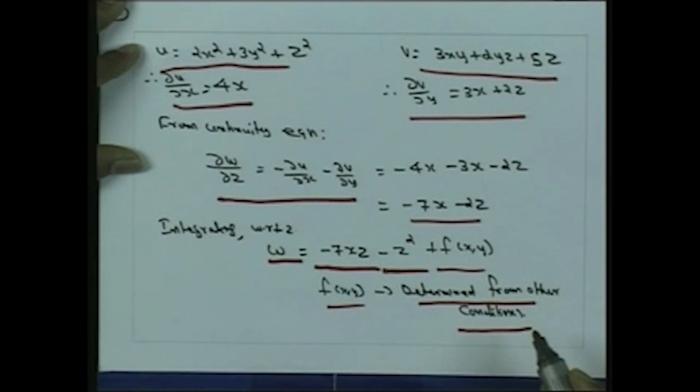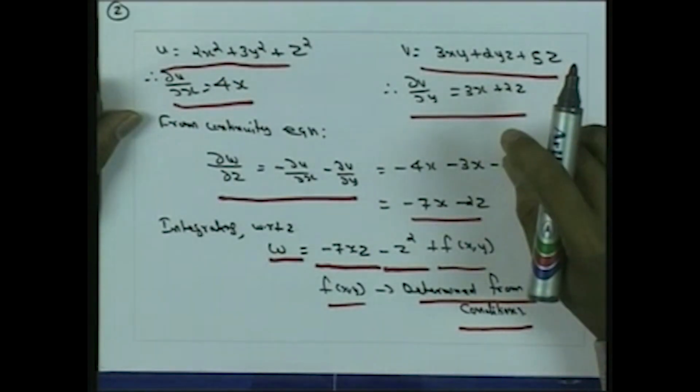So the continuity equation in differential form is used to determine one component, the z component of the velocity, if the velocity components in the x and y directions are given. Like this we can use the continuity equation, the differential form, for various problems as one of the fundamental equations.